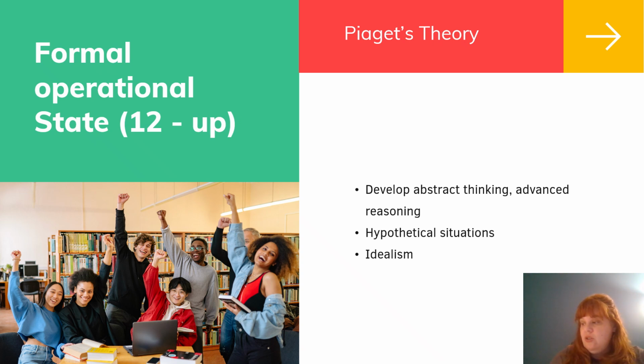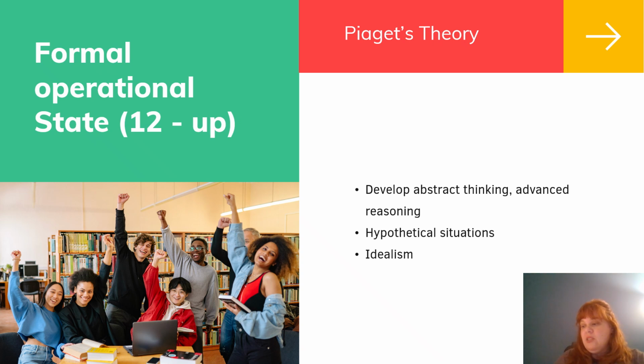Finally, we get into the formal operational stage, and this is the highest level, and this is 12 and up. Some students don't develop this till much later. 12 is about the earliest you might see this start to develop, but this is where students begin to develop abstract thinking and really advanced reasoning, and they can understand something that's not real life, something that's a hypothetical situation.